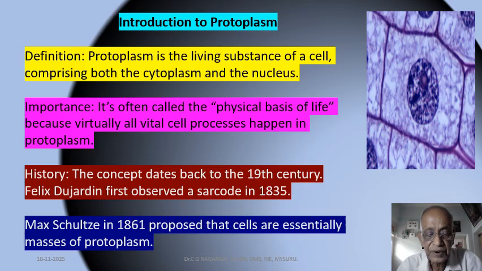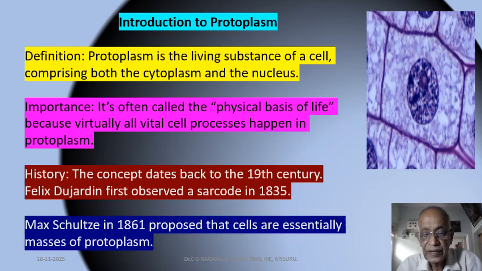The concept of protoplasm dates back to the 19th century, where a scientist discovered it in foraminiferans, and he called it sarcode in 1835.